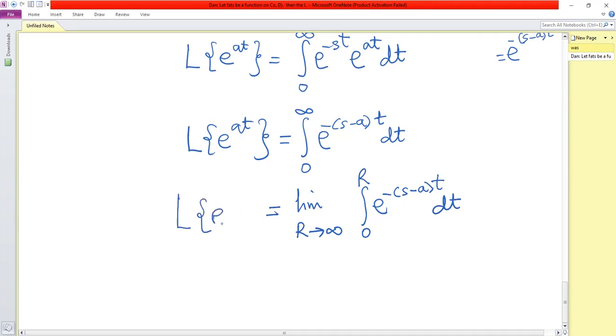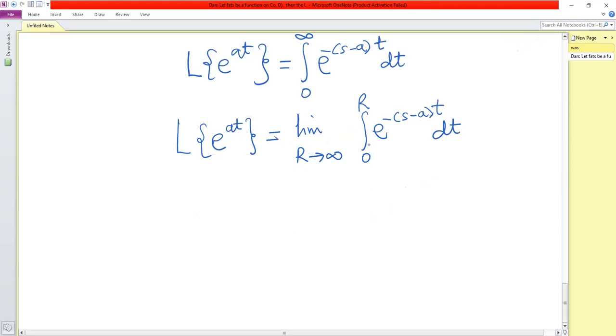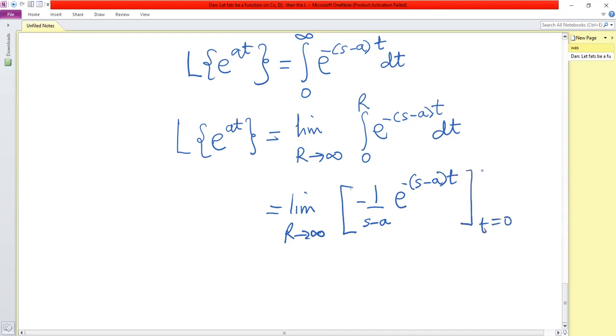So this is the Laplace transform of e raised to power at. Now, using the substitution method for integration, this will give us the limit as r approaches infinity of minus 1 over s minus a times e raised to power minus s minus a t, with t from 0 to t equals r.